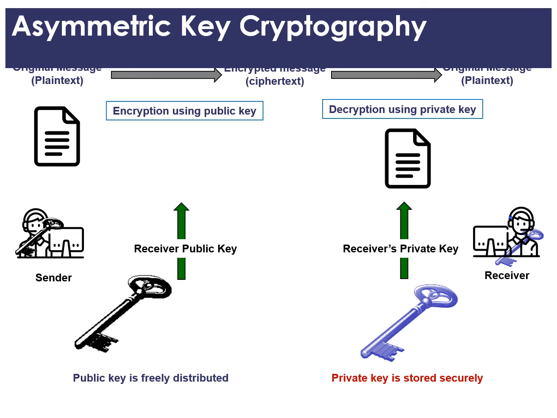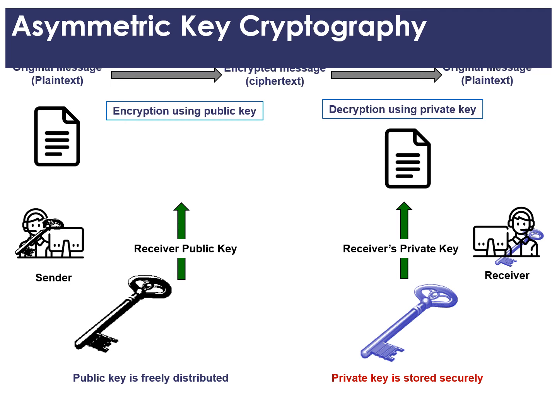Then once the receiver gets that information, he will decrypt it using his private key. One important thing to always remember: data encrypted with the public key can only be decrypted with its private key. Same data encrypted with the private key can only be decrypted with its public key.